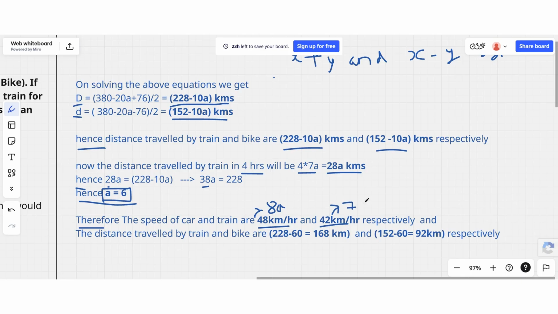That's why we get these results. And similarly, the distance traveled by the train and the bike are calculated. The whole question is solved by these variables.